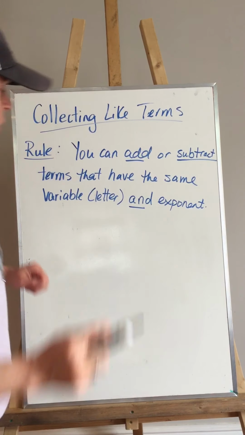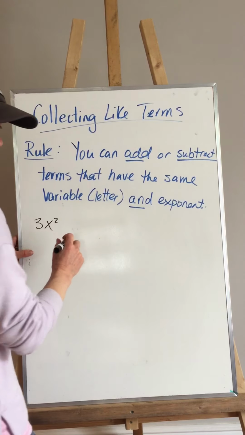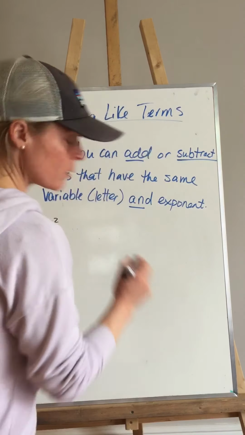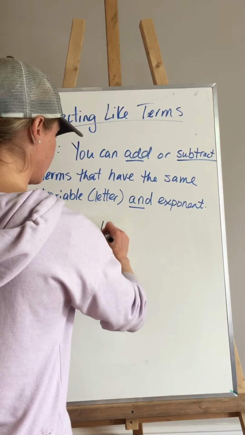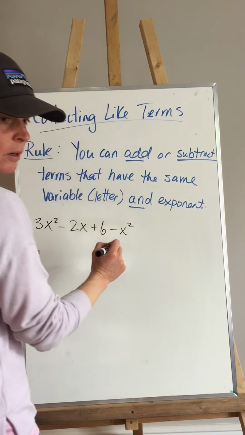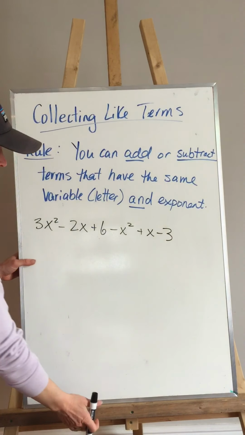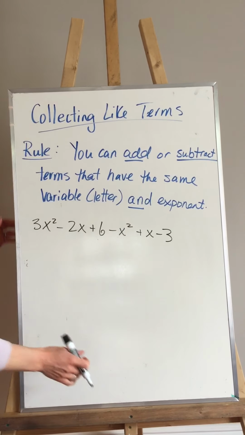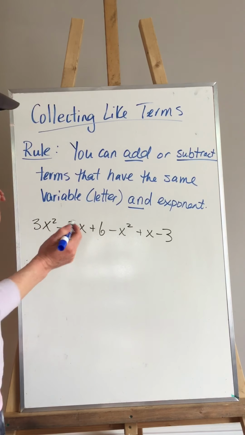Okay, so 2 examples. First one, 3x squared minus 2x plus 6 minus x squared plus x minus 3. Okay, so what we have to do here is decide what are the like terms and group them.